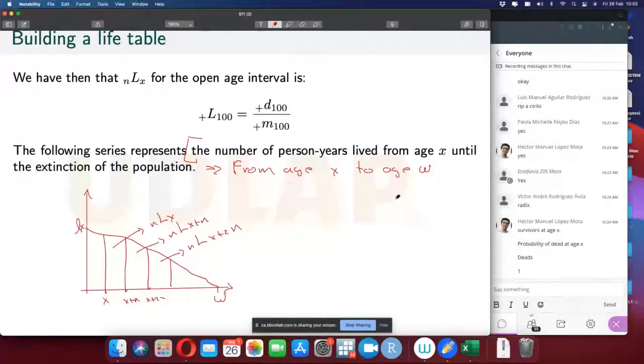So if I want to get this number of years, it's really easy: add all these things starting from this age to omega. And this is the way we express this function. So Tx is the number of person years that a population is surviving or providing from x until omega.